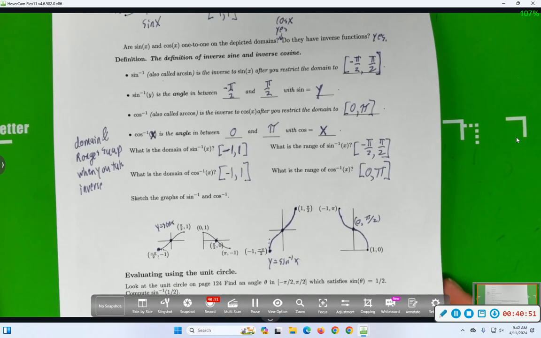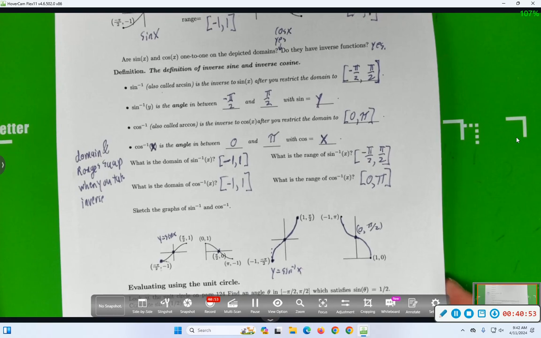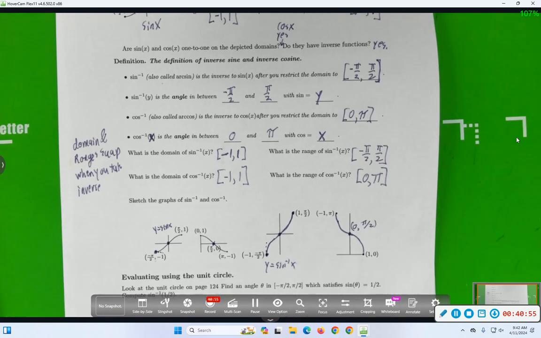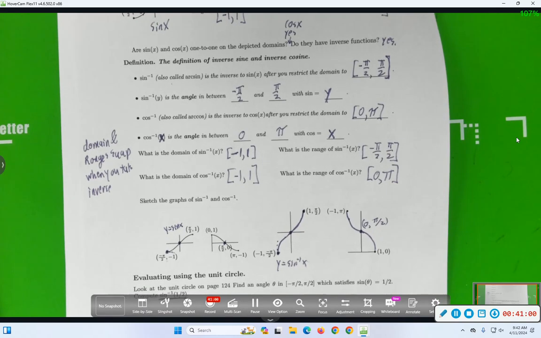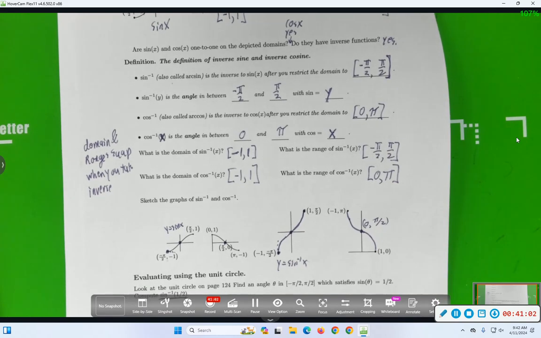Let's figure out how to evaluate inverse trig functions using the unit circle. So, let's try to compute inverse sine of 1/2. So here's the way I'll do it. Grab your unit circle.